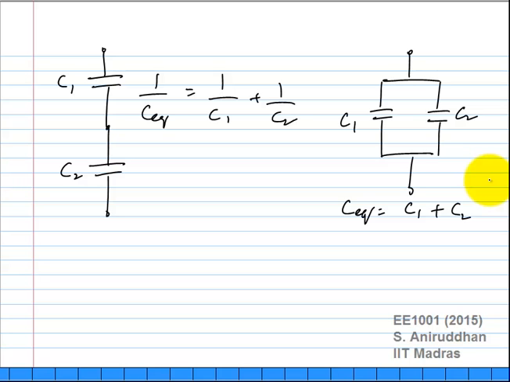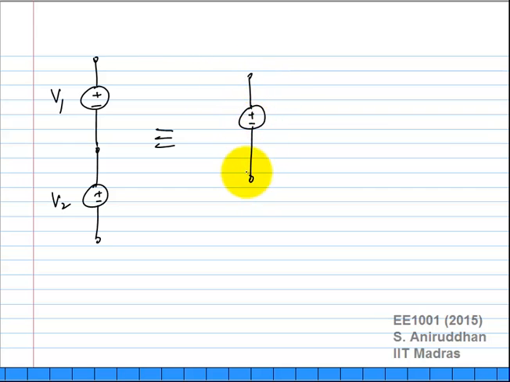What other elements do we know? Resistor, capacitor, inductor, voltage sources. I have two voltage sources V1 and V2. I want to replace this with a single voltage source V. Can I do that?